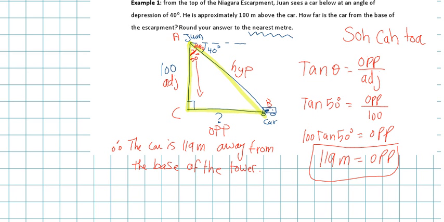If you think that this is the 40 degrees, why is it wrong? Because you're not measuring from the horizontal, you're measuring from the vertical. Same with the angle of elevation: it's measured from the horizontal up.